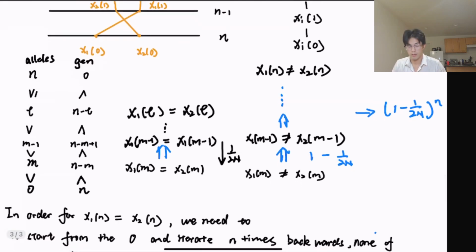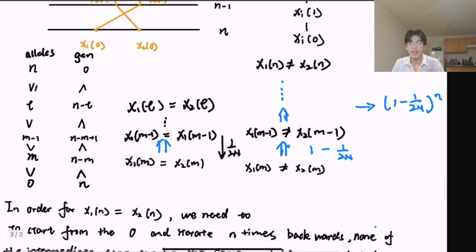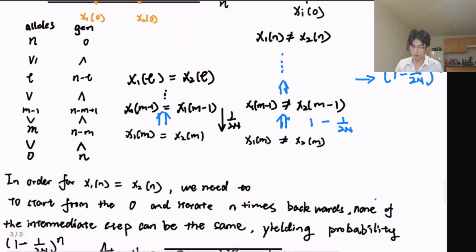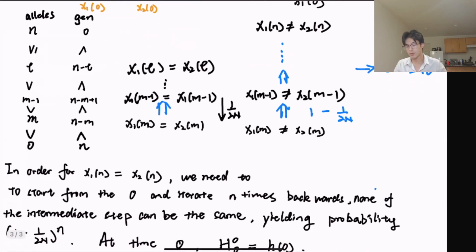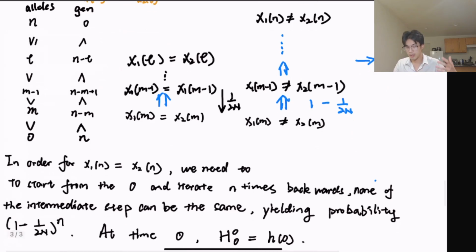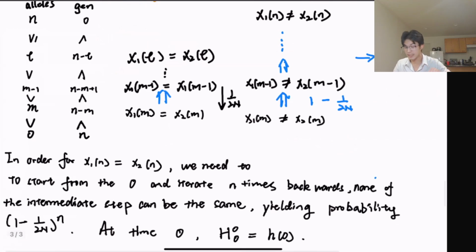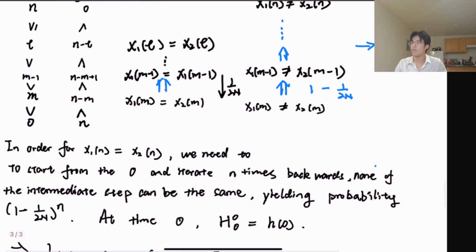If x1m equals x2m, then x1l must equal x2l, given l is greater than m. So in order for x1n to not equal x2n, we need to start from zero and iterate n times backwards. None of the intermediate steps can have the same parents on the lineage. This gives us the probability of (1 minus 1 over 2n) to the nth power.